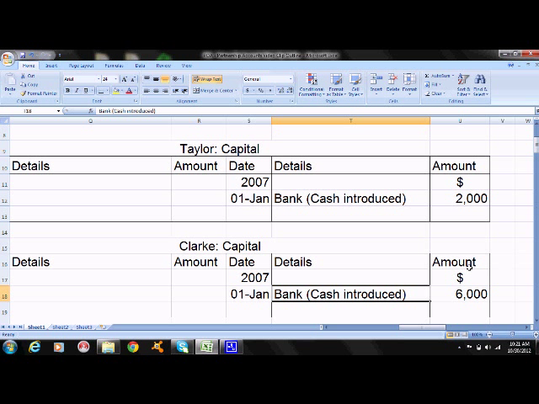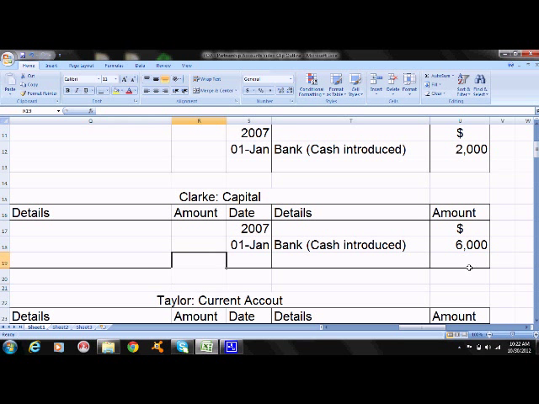As usual, you know that the capital account is credited when there's an increase in capital. So this is the same case: $6,000. This $2,000 is coming from the question that we did before. I hope you still have the question sheet. If you look back at it, you realize that the $2,000 is coming from the question, because the question said that Taylor has capital of $2,000 while Clark has capital of $6,000.